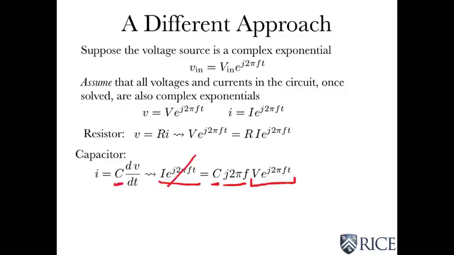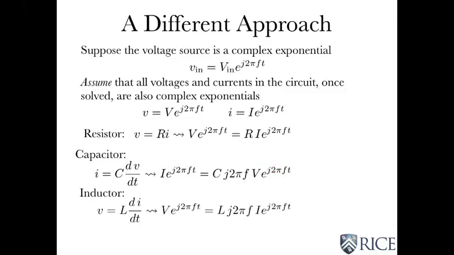So again, with cancellation, we now find that this assumption is consistent as long as the amplitudes are related this way. The amplitude of the current is equal to C times j 2 pi f times the amplitude of the voltage. And I'm pretty sure you can believe that for the inductor, a similar kind of thing is going to happen. Amplitudes are related by a different formula, but still they're related.